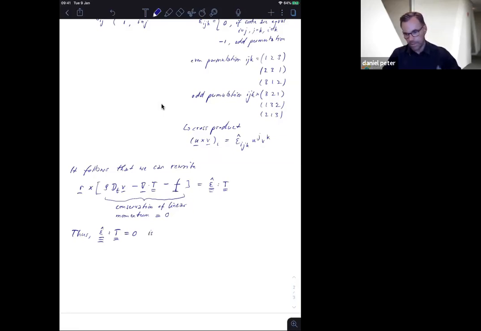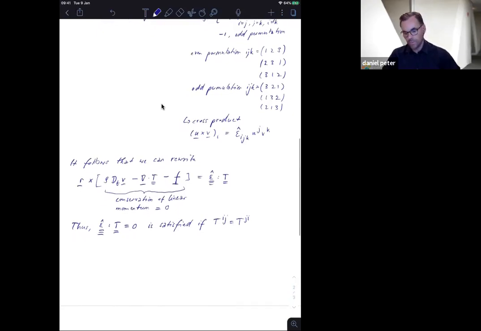And when is this satisfied? It is satisfied if our stress tensor Tij is equal to Tji, its transpose. This product is zero if the stress tensor is symmetric. So if you want, the stress tensor is equal to its transpose.